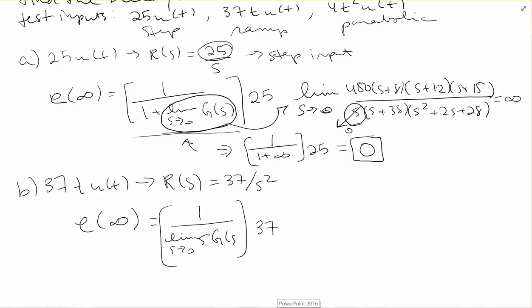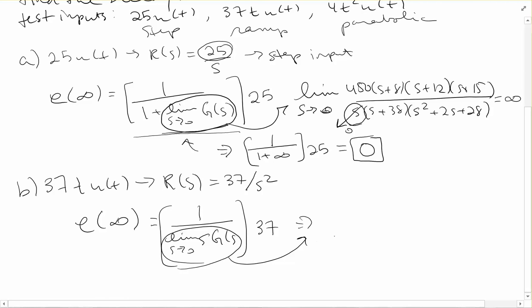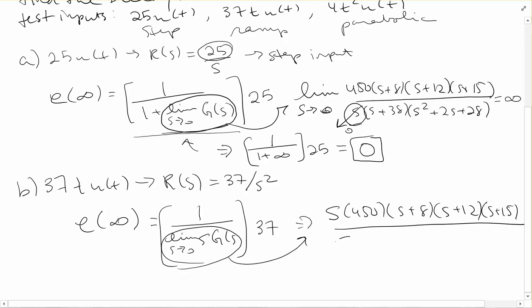Okay. So looking at that, if we focus on this denominator again, we have S times G of S, so let's write that out. So now I've got S times the 450 times S plus 8 times S plus 12 times S plus 15, and we're going to put that over the denominator.